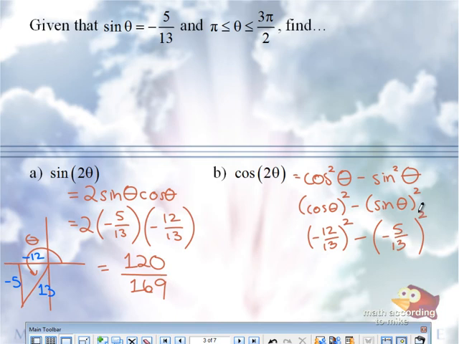What is negative 12/13 quantity squared? Good. Minus negative 5/13 quantity squared. So what's 144 minus 25?